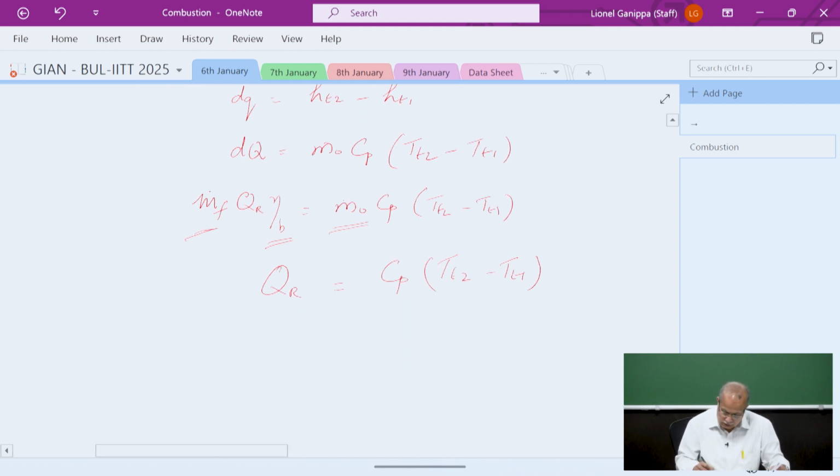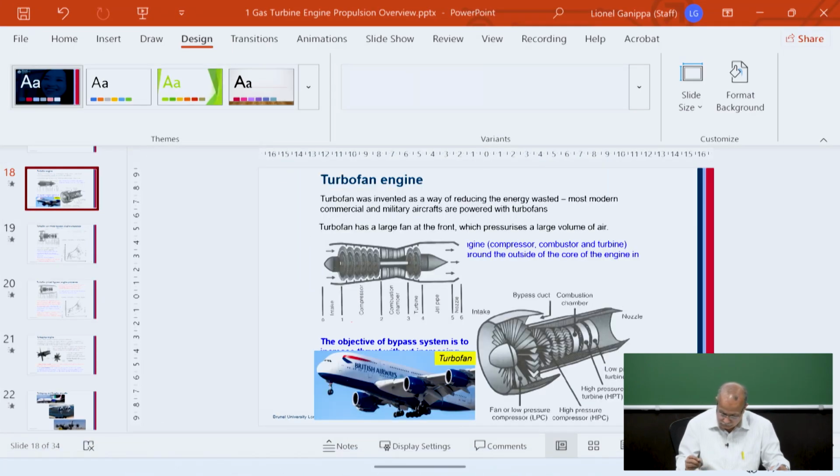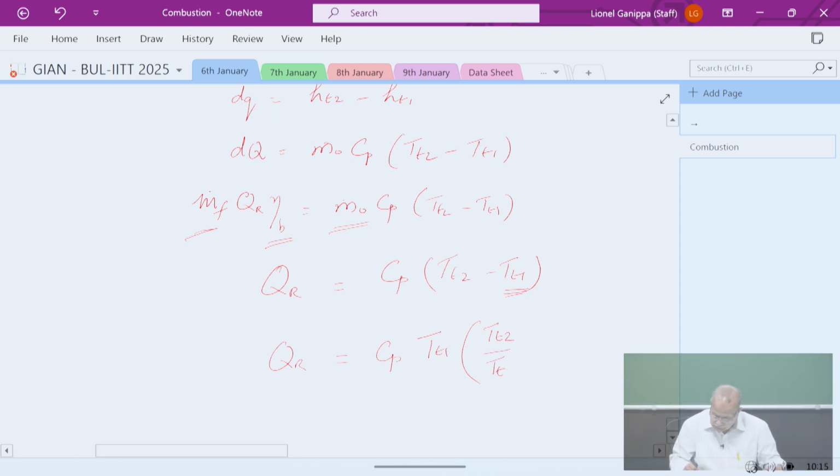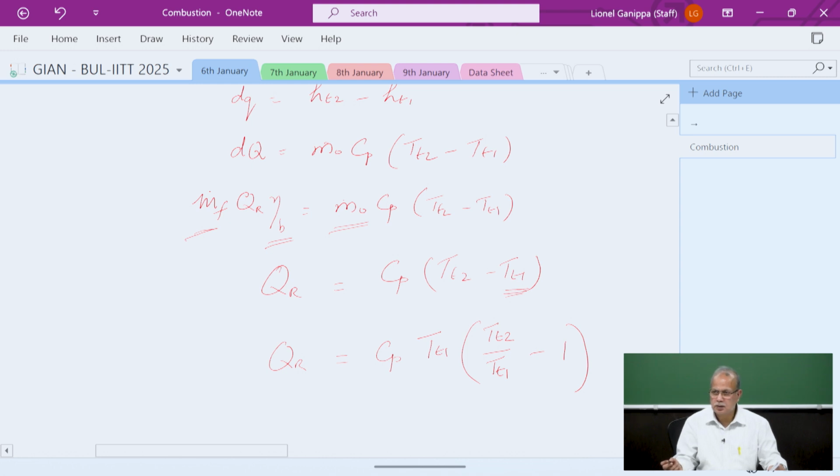Now you can write QR is equal to Cp, taking Tt1 outside. What will be the form? Tt2 by Tt1 minus 1. This is clear.